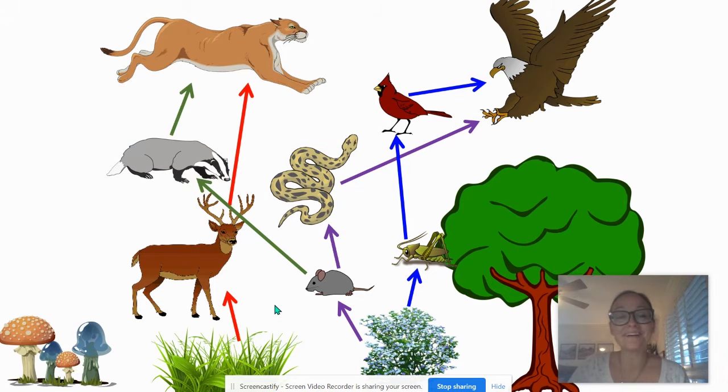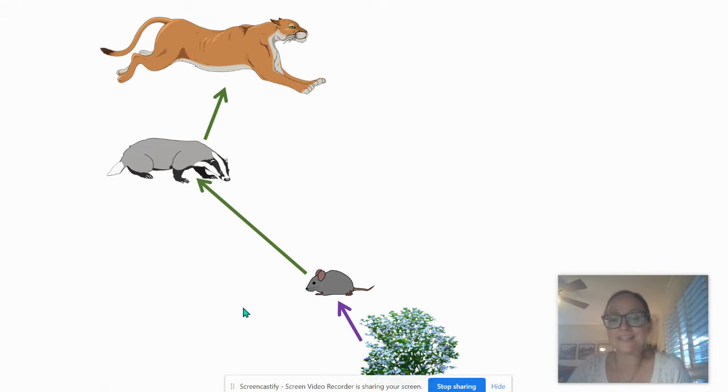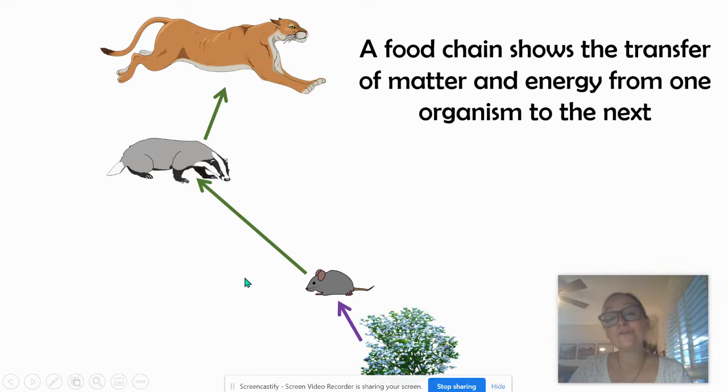So as we look at all the different populations living together in an ecosystem, here we can see that different species are dependent on each other for food and energy. So when we start to define these things, we can call this transfer of energy a food chain.